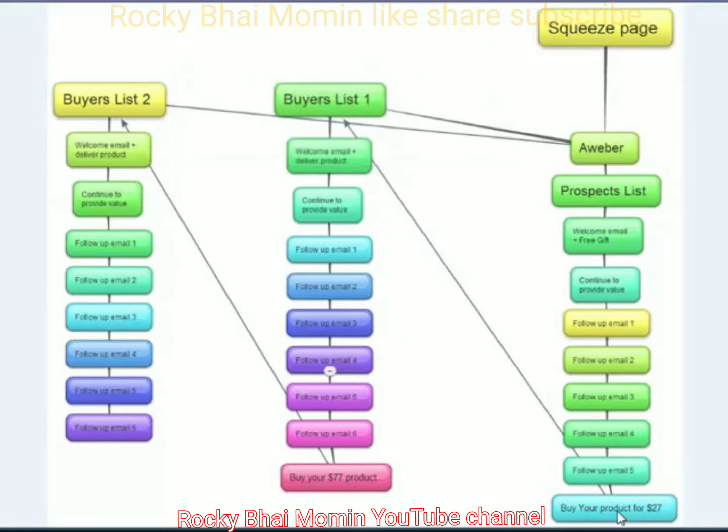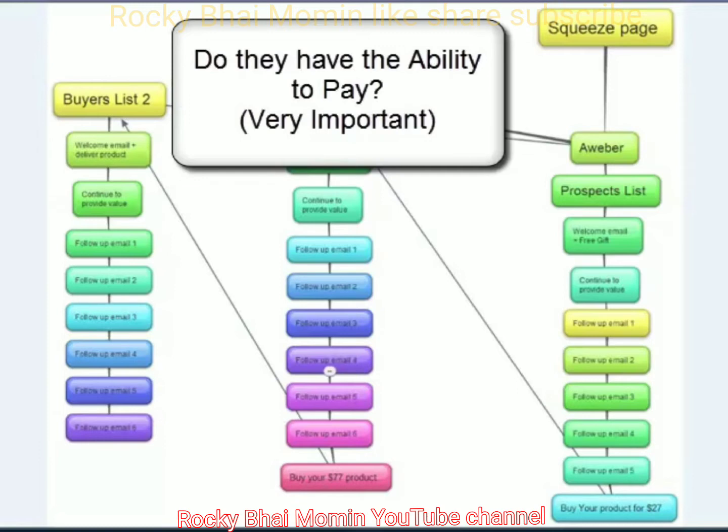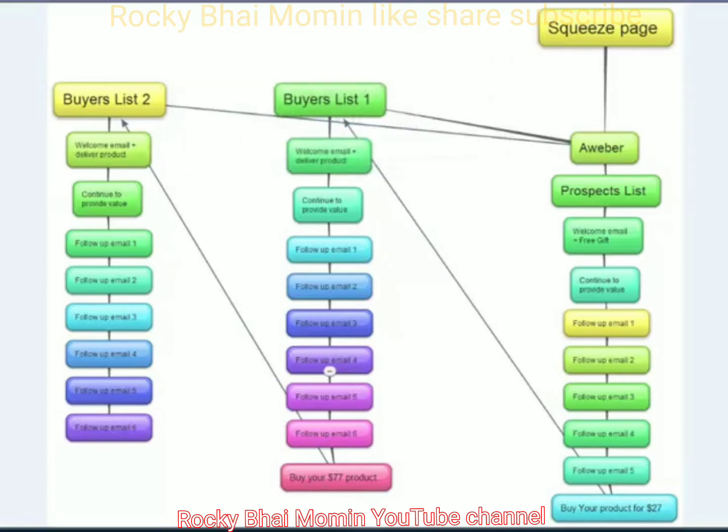The reason why you should make your first product very cheap is because at this stage in the sales process and your sales funnel, all you're trying to do is find out if that prospect has the ability to pay. This is very important. So that's why your first product that you offer them should be very cheap.